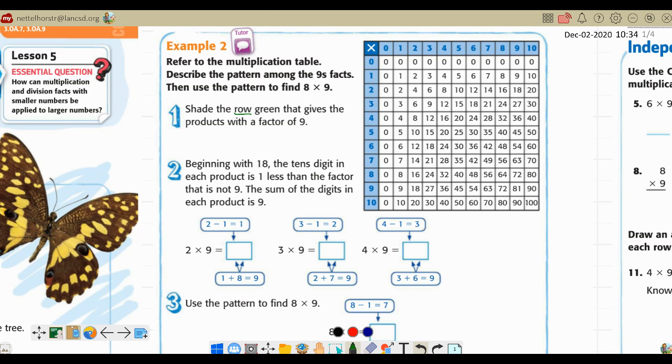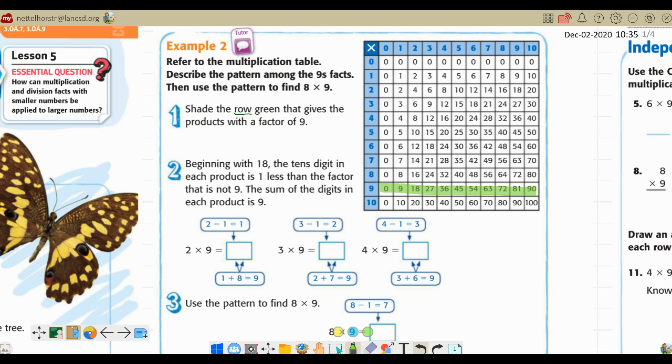So I'm going to pull up my highlighter here, and I have to shade it green, and I'm going to shade the row of 9. Right there. Okay. Beginning with 18, the tens digit in each product is 1 less than the factor that is not 9.